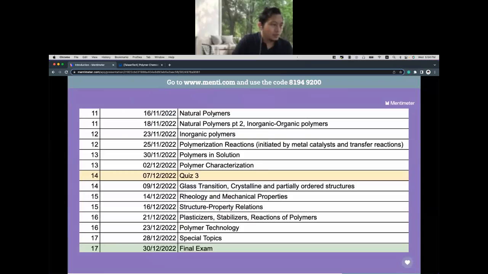The next part is actually after the midterm. The topics are more like additional ones. It can be switched. It's not really fixed, and they are not really that fundamental.